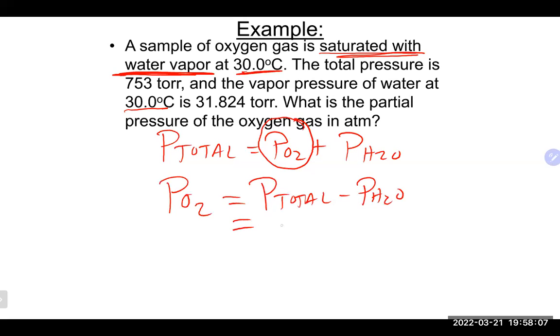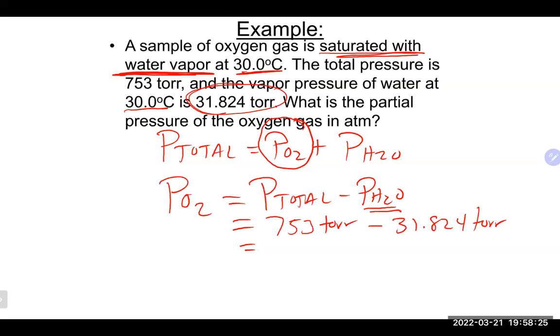The total pressure they gave us was 753 torr. The vapor pressure of water is a value you would find on a table, which would be minus 31.84 torr.